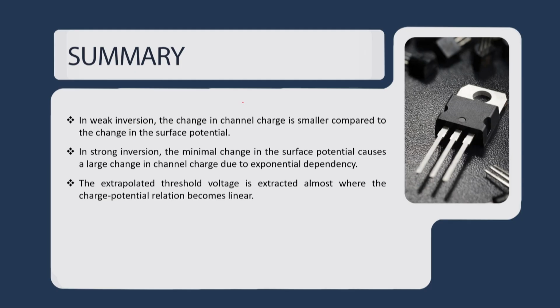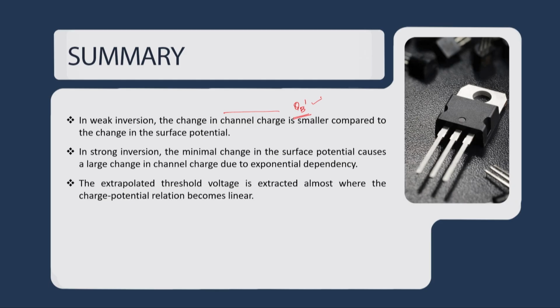So let me summarize. In this lecture, we have discussed that the channel charge is smaller in weak inversion, in the sense the total channel charge is predominantly governed by QB dash. Though in weak inversion a small amount of inversion electrons, mobile electrons, are there, we considered that it is dominated by QB dash.